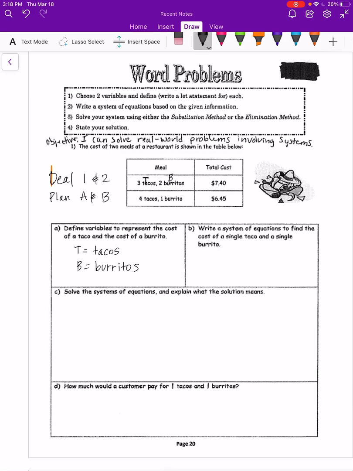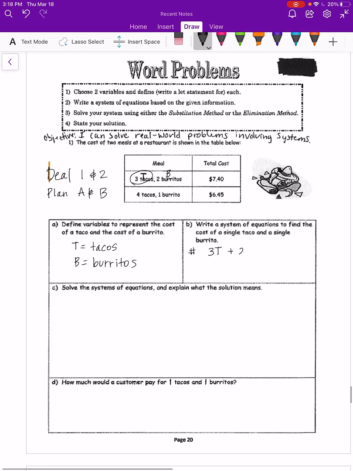Now, write a system of equations to find the cost of a single taco and a single burrito. So these are pretty easy to set up because you're talking 3 tacos. So deal number 1, you have 3 tacos or 3T's, plus 2 burritos or 2B equals $7.40.